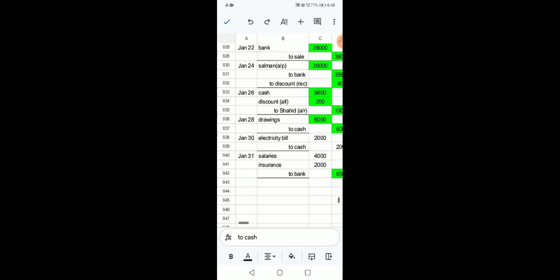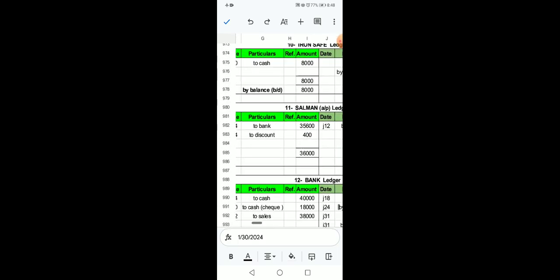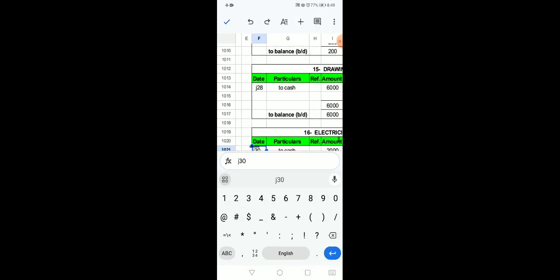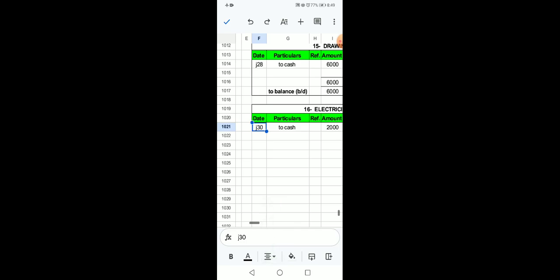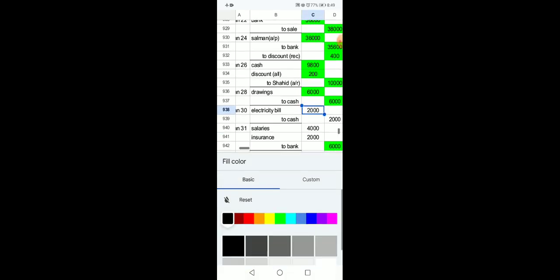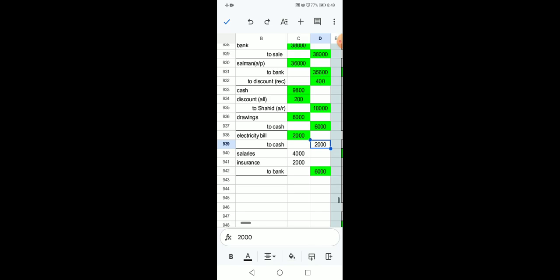See what the date was for this 2000. It is January 30. So you will put January 30 in the date column. Here the posting for 2000 is completed. For drawings and for the electricity bill, you can mark it as done. So there are 3 amounts, and you can see there is another entry, cash 2000, left unmarked.